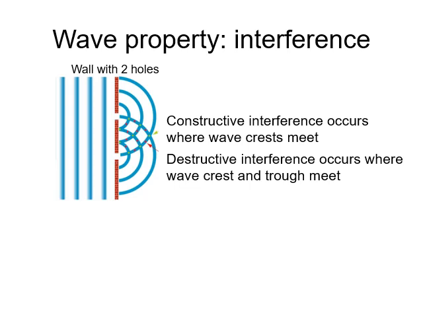When the wall has two holes, this will form two point waves, and the two waves will interfere. Some places form constructive interference, where the displacements add together, and some places form destructive interference, where the two displacements cancel each other.